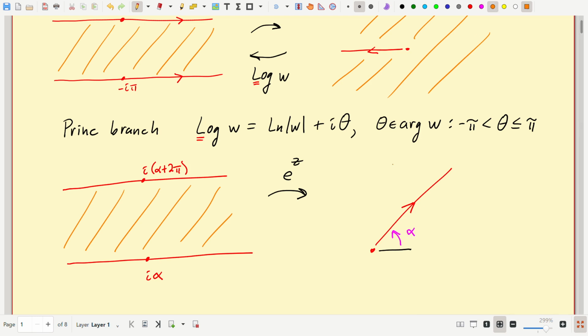And e to the z would map this shaded region one-to-one onto the slit plane.